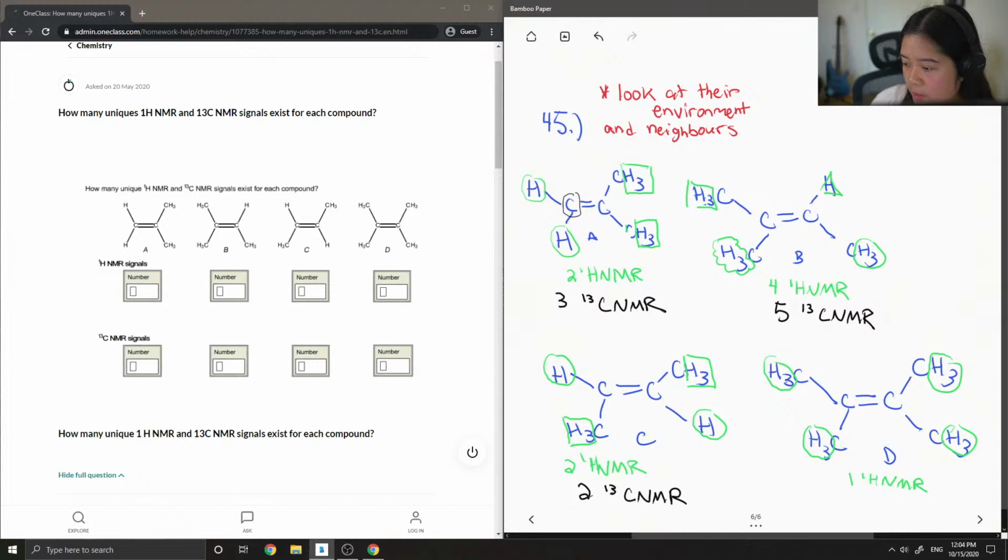And then for this one, these 2 carbons are the same, but they are different from the carbons in each methyl group, so you see 2 CNMR signals. So let's check our answer.